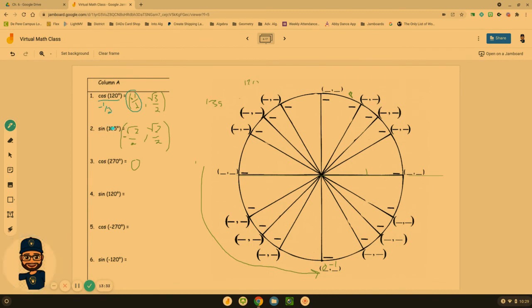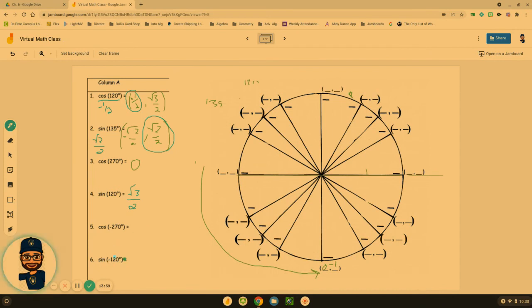Sine of 135. Sine is the second one, so we only need to answer the square root of 2 over 2. Well, what's the sine of 120? We already wrote down the ordered pair for 120. The sine is the second one, so it's the square root of 3 over 2.